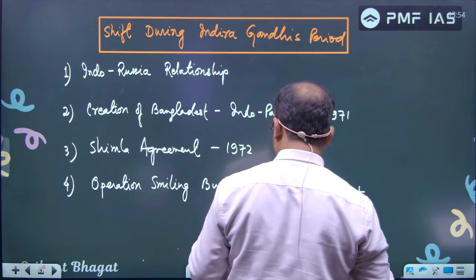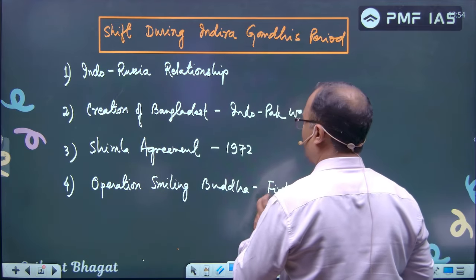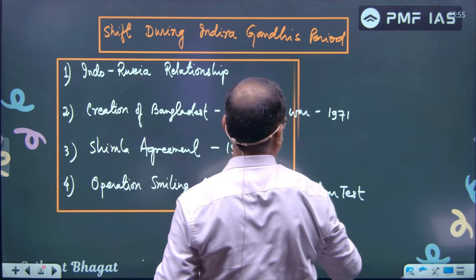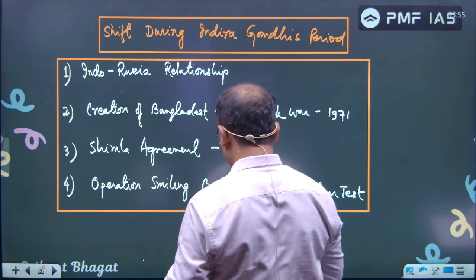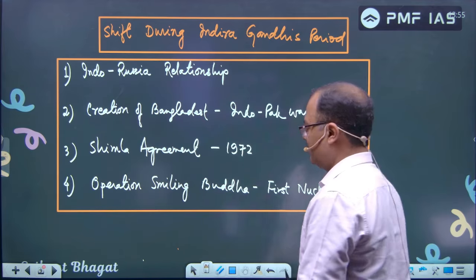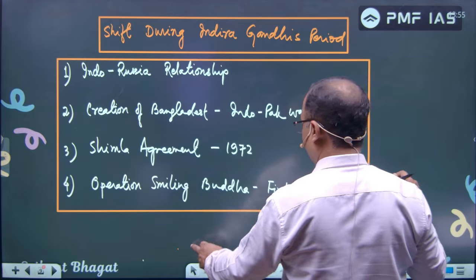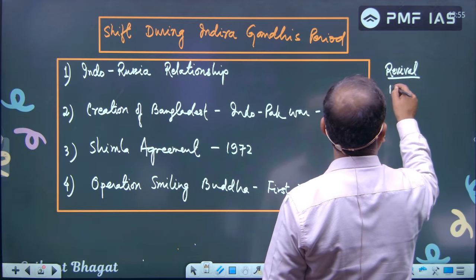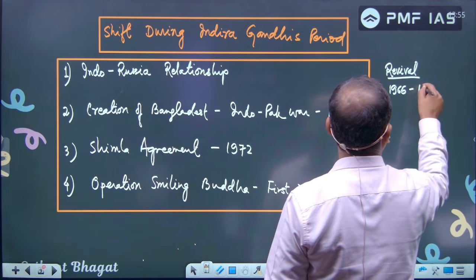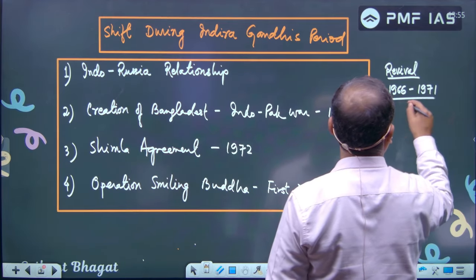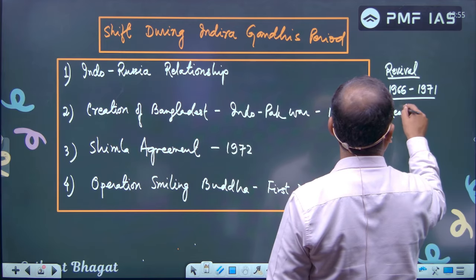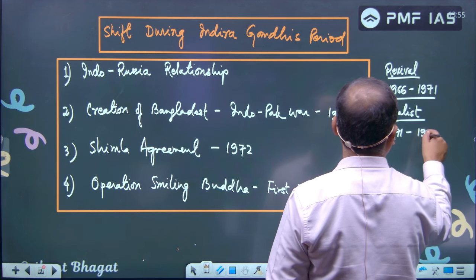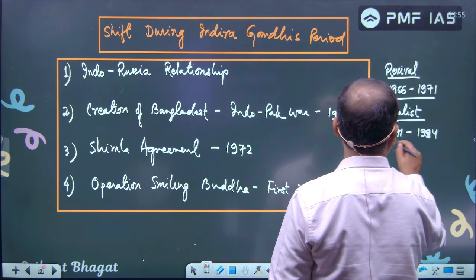Now, we see here there was an early revival. First, there was revival. I'll discuss these points one by one. So this was a revival from 1966 to 1971, and a realist policy from 1971 to 1984, Indira Gandhi's period.